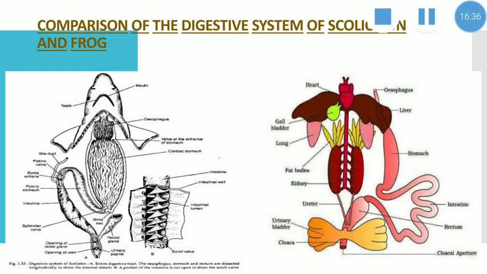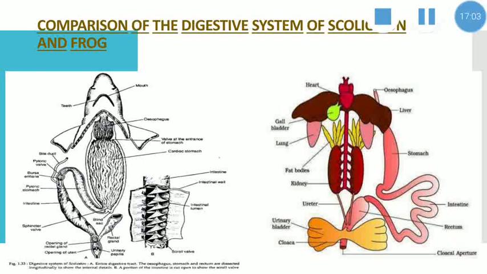In Scoliodon, the tongue is non-muscular, non-protrusible, and not used for capturing prey. The tongue is without taste buds. In the case of the frog, the tongue is large, attached in front, muscular and highly protrusible, and it is used for capturing prey, and taste buds are present on the tongue.